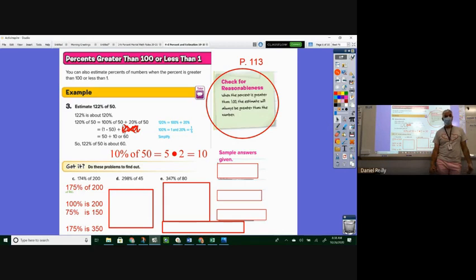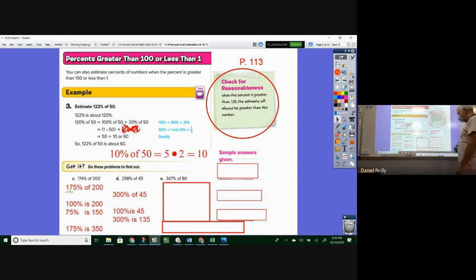Multiply 45 times 3, and you get what? 135. 45 times 3 is 135: 3 times 40 plus 3 times 5.